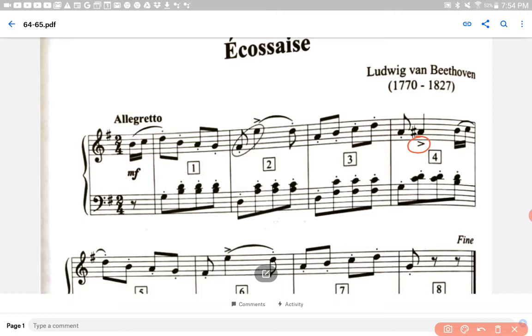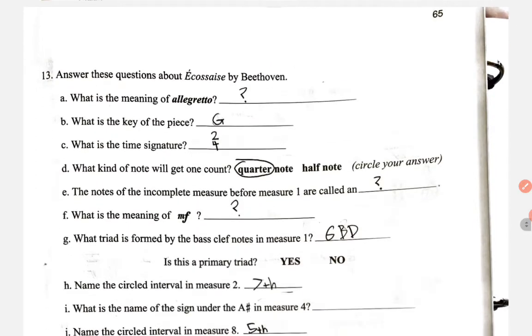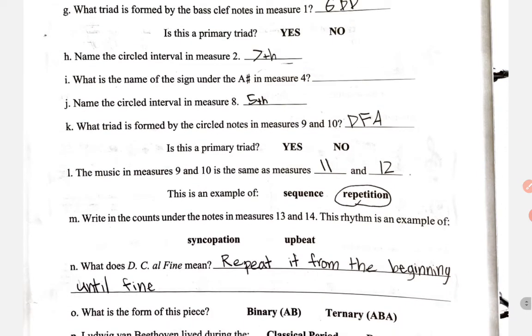That means accent. It adds energy and a kind of spring-like feeling to this music. So make sure to do this accent whenever you play this kind of music. So measure 4, accent. Go ahead, write it in.